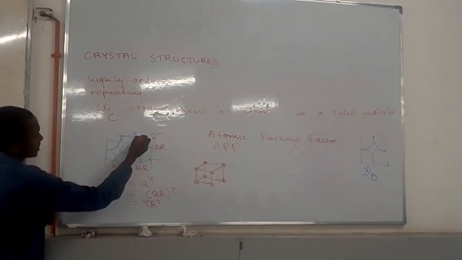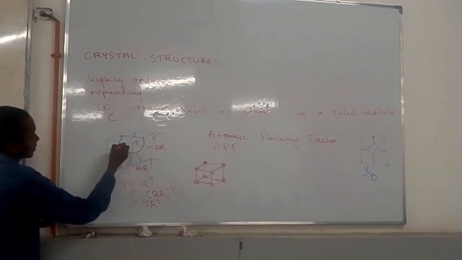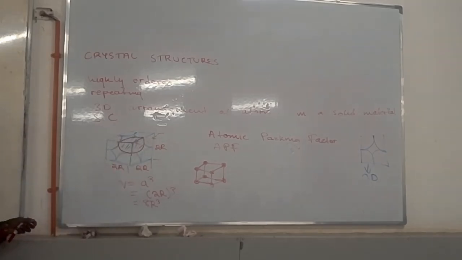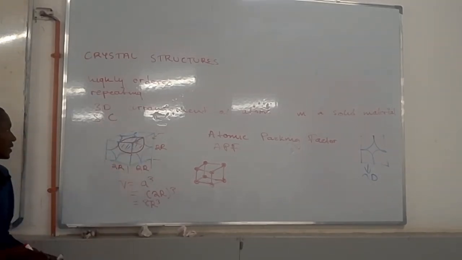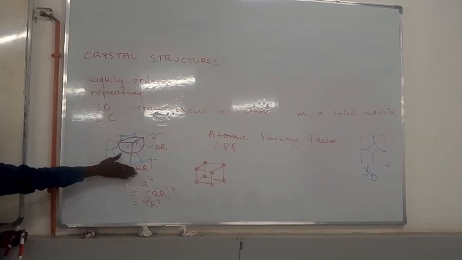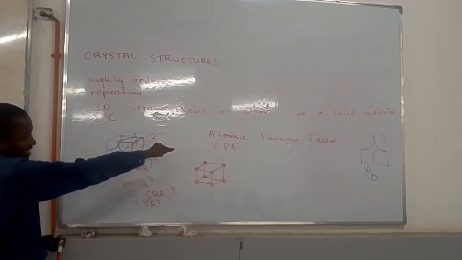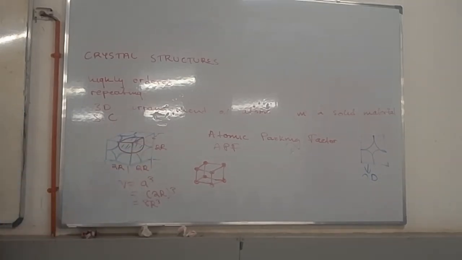So if we look at this, it's not complete. It was cut like this, 1. Cut like this again, 2. Again cut like this. It was cut how many times? This atom, it's been shared.